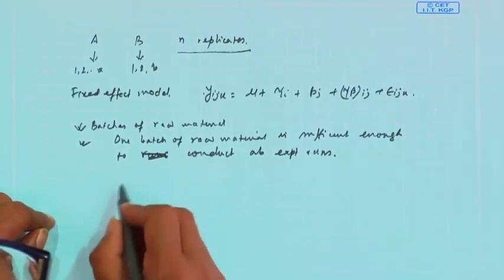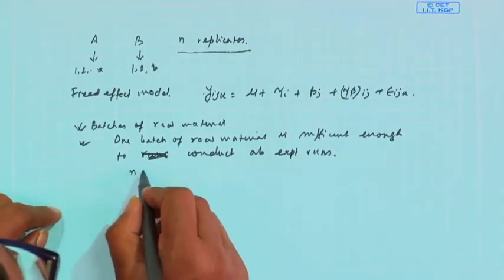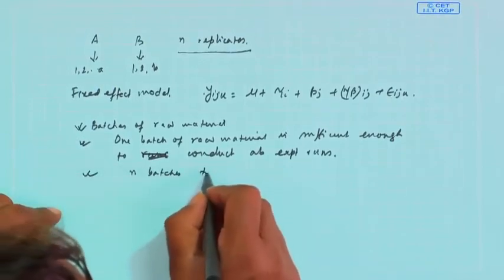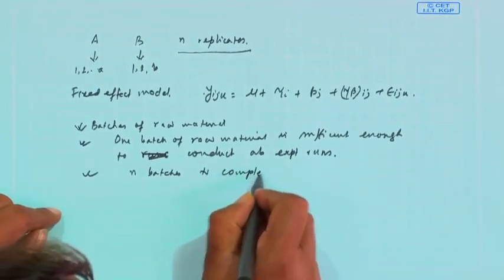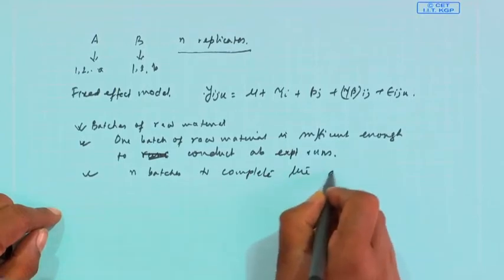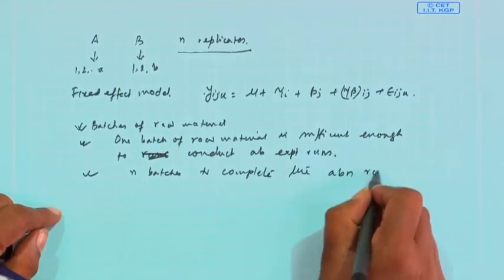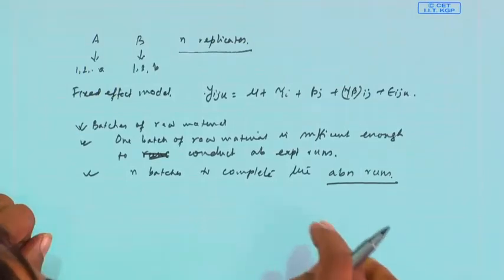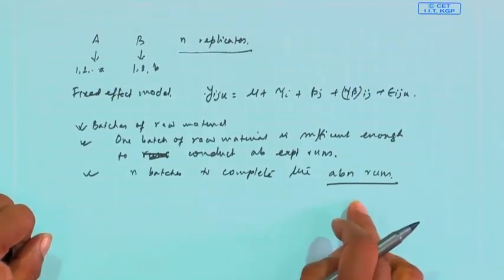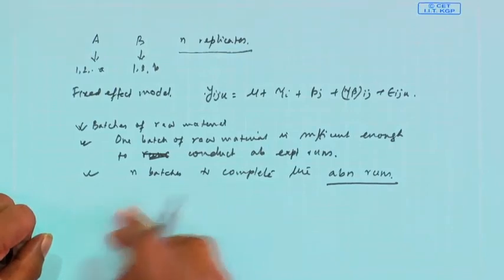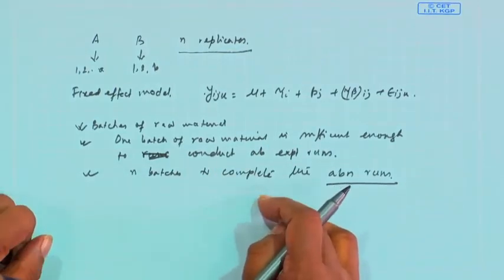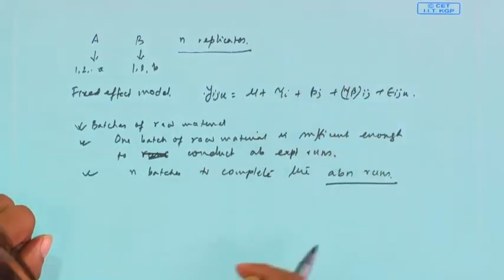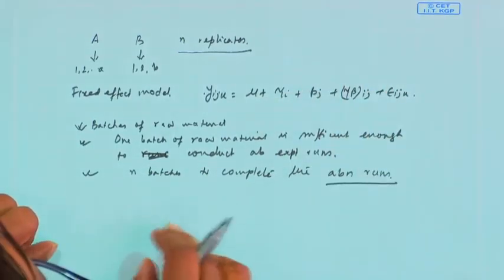You require n batches to complete the abn experimental runs. So, you are not getting a single batch, you are getting n batches. Now you require to block these n batches. So, how can you block?